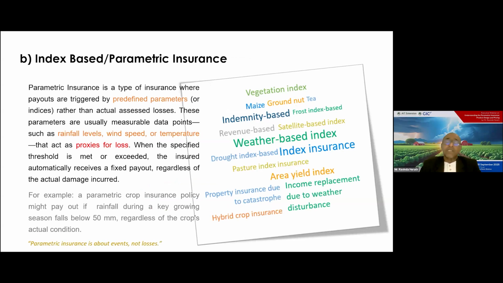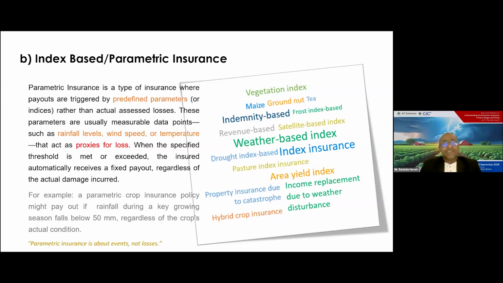Because when we talk about indemnity, there are high claim ratios experienced in different countries, and also high administration costs as well. So that's why parametric insurance is introduced as a solution for this indemnity insurance scheme.